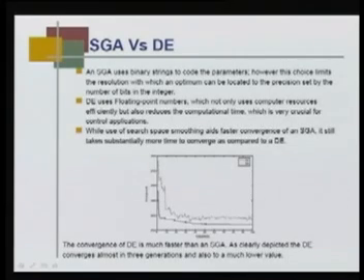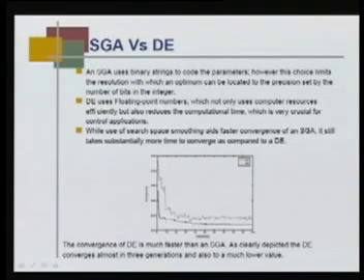However, in contrast, differential evolution uses floating point numbers, which not only uses computer resources efficiently, but also reduces the computational time, which is very crucial for control applications. While the use of search space smoothing aids faster convergence of a simple genetic algorithm, it still takes substantially more time to converge as compared to differential evolution.